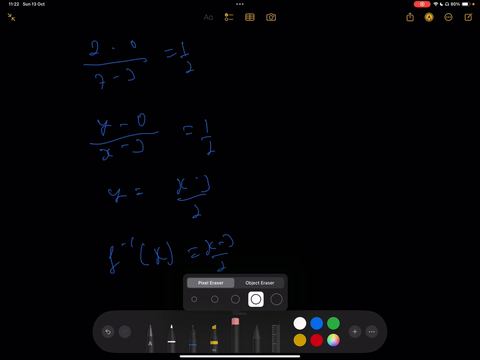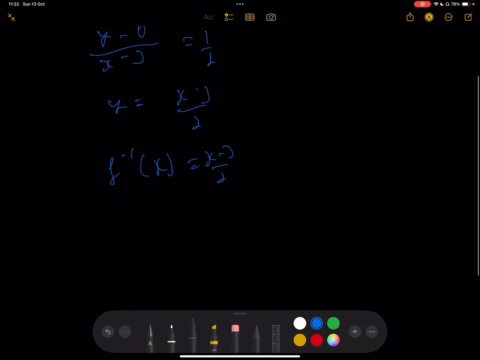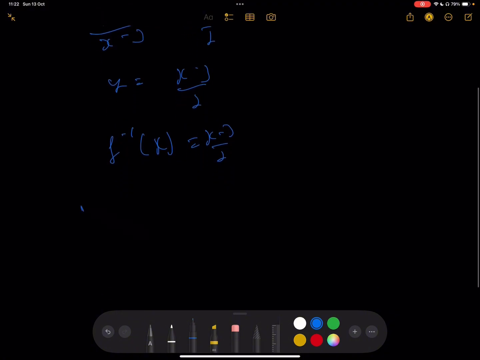Alright. So now part B(ii) of this question would be: show variable interchange, and using variable interchange, find the inverse function of f of x. Well, how can we do this?